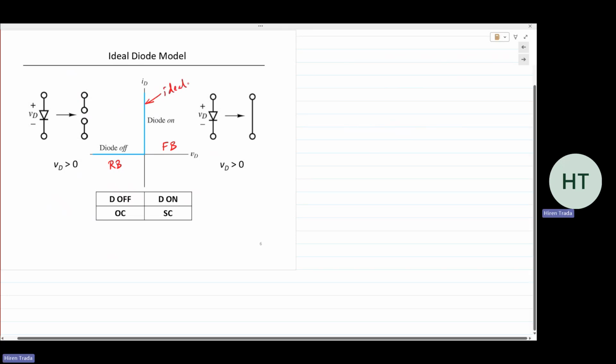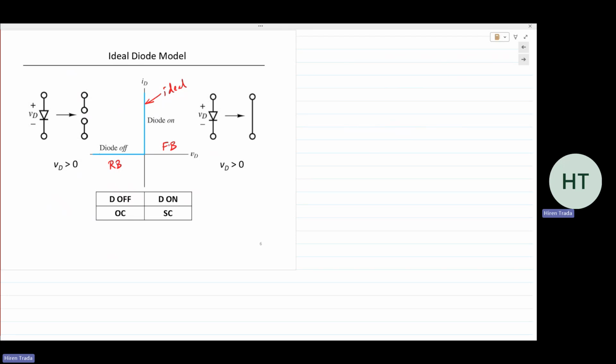at the y-axis, or 0 of the x-axis. So in forward bias, current is infinite. In reverse bias, voltage is less than 0, actually negative voltage, and current is equal to 0.